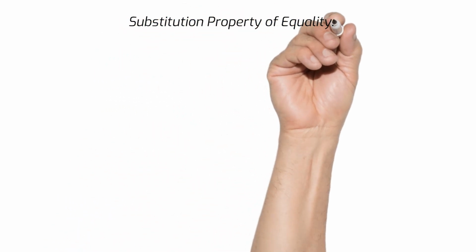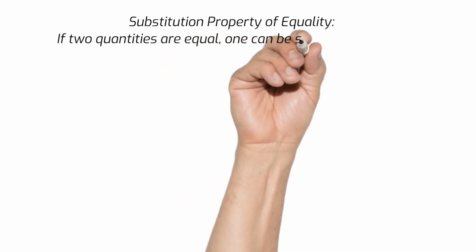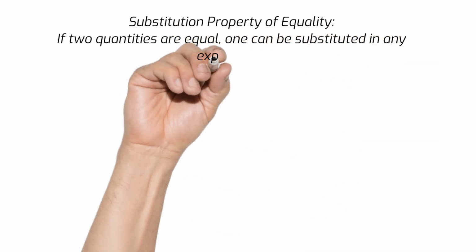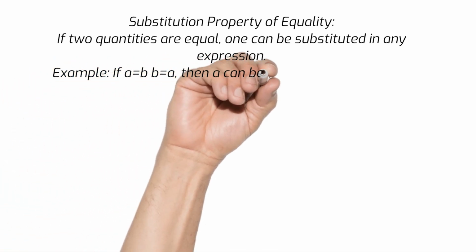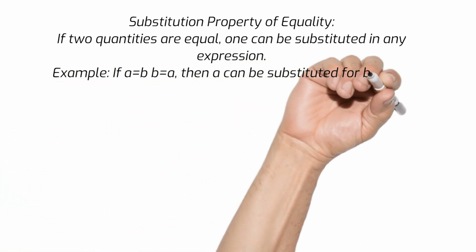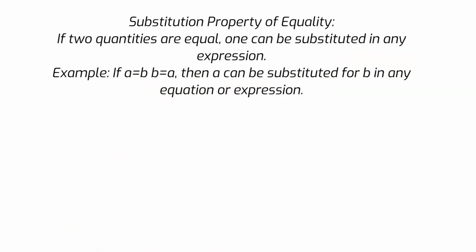Substitution property. If A is equal to B, then B can replace any A in any expression. We use this a lot of times in algebra, where we can define a number, and if it is in a certain type of equation, then it can always be substituted back into the equation.